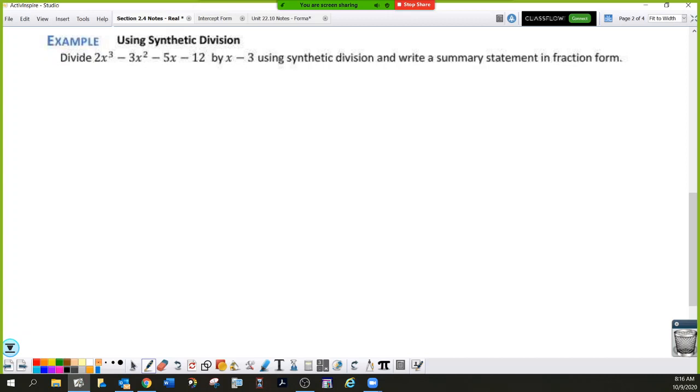And we're going to use synthetic division, not long division, so yay. Like I said, I don't know why our authors chose to use the -3 and then subtract. That's too much work. I would like to use +3 so I can add. Okay, so I'm going to be using the 0 as if I was using the remainder theorem. My coefficients are 2, -3, -5, -12.